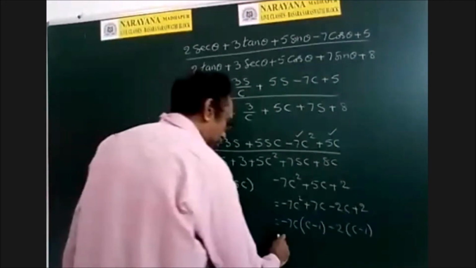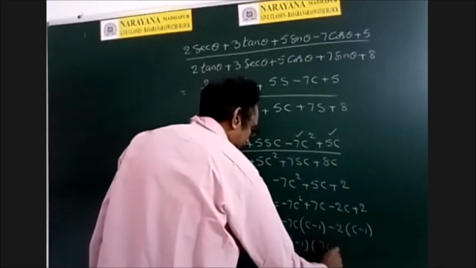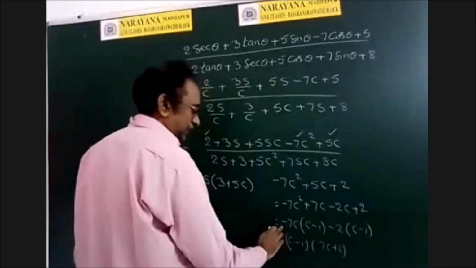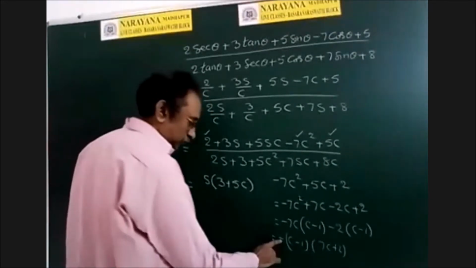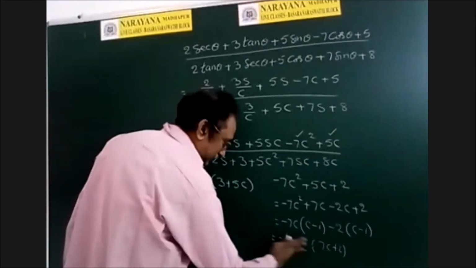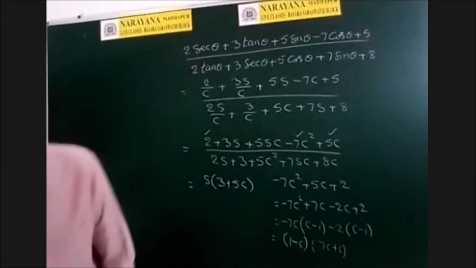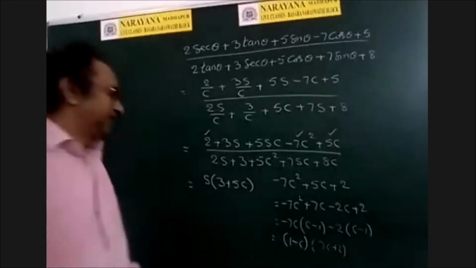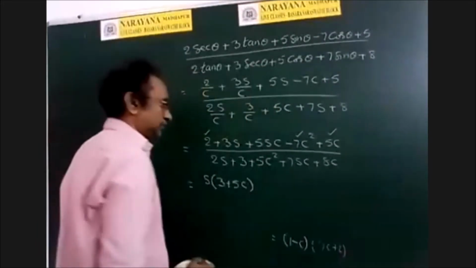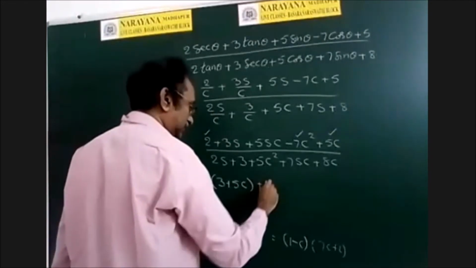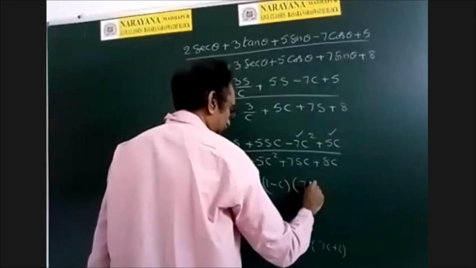Therefore, that is c minus 1 into 7c plus 2, that means minus 7c minus 2, and I take minus common. Therefore, this minus into this can be written as 1 minus c. So the factors are plus 1 minus c into 7c plus 2.